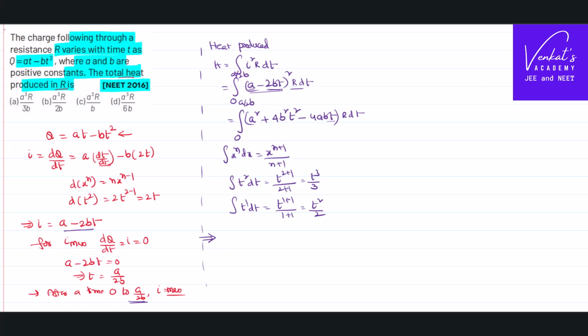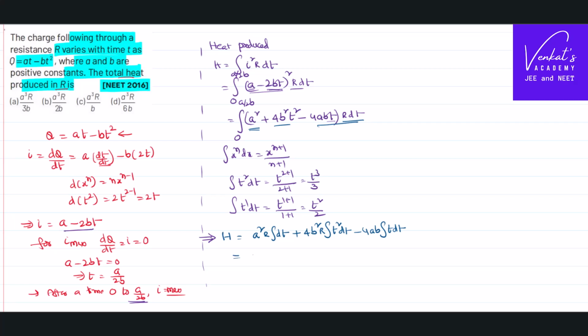Heat generated equals A square R integral of dt, plus the second term, 4B square R, which are constants, integral of t square dt, minus 4AB R integral of t dt. I am integrating each term separately for convenience.